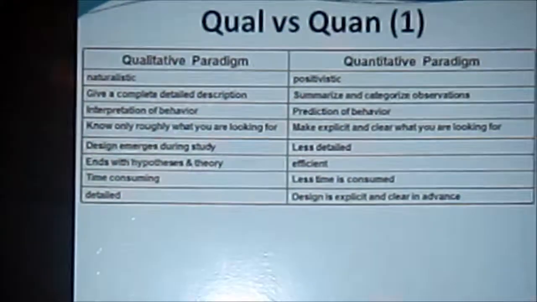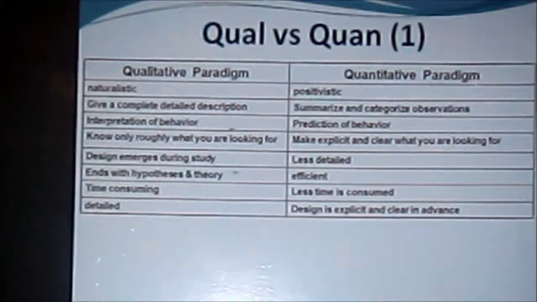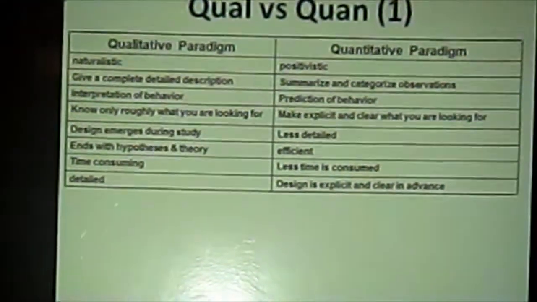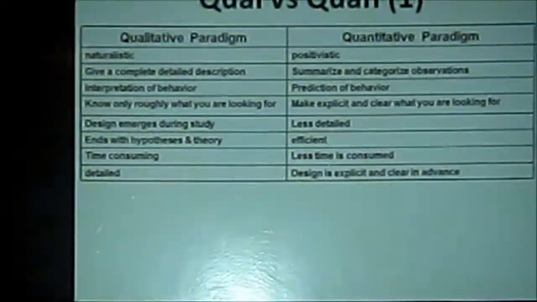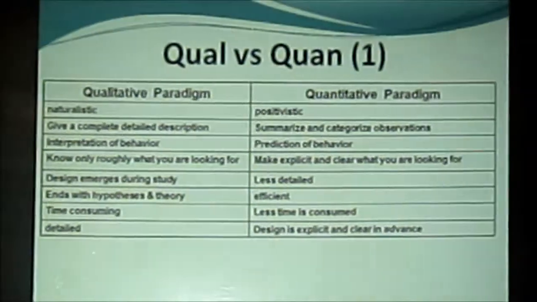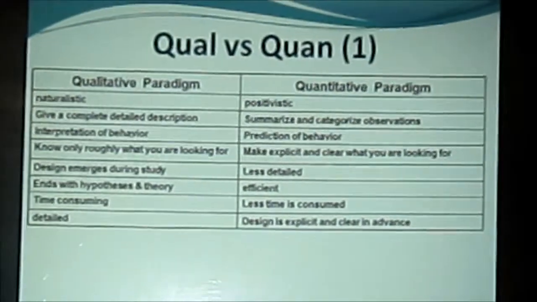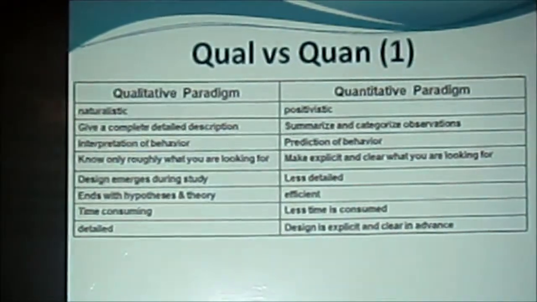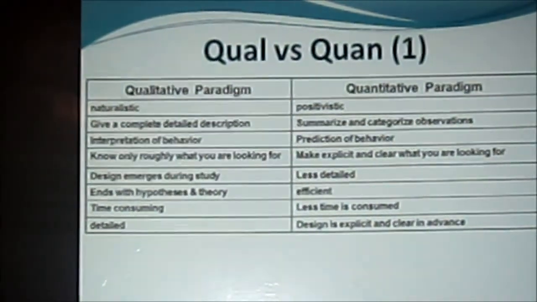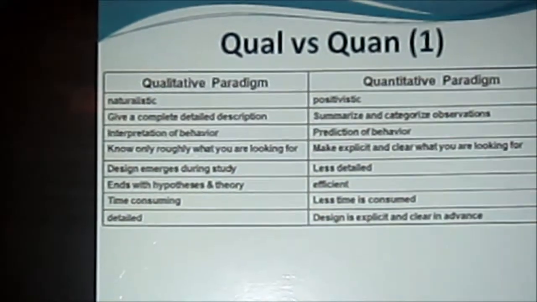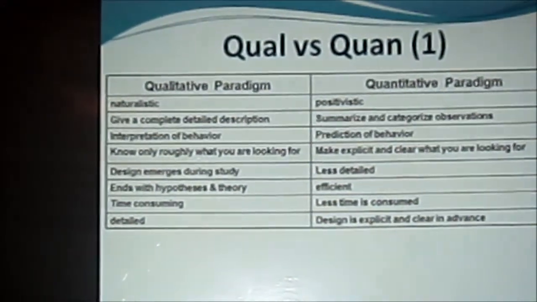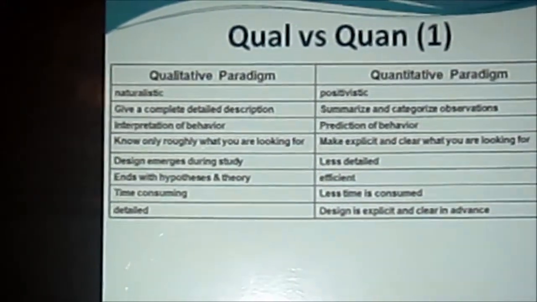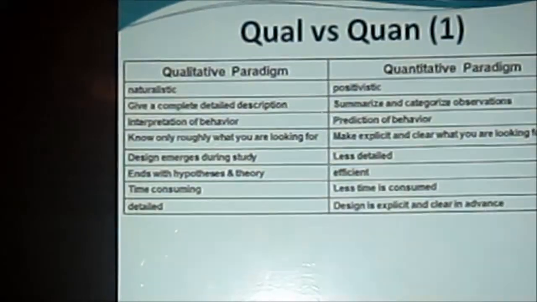In qualitative research we give a complete, detailed description of the events or the topic being studied. However, in quantitative research we don't give a detailed description of the topic under study, just a few descriptions, because we have a given methodology and a design to work on.